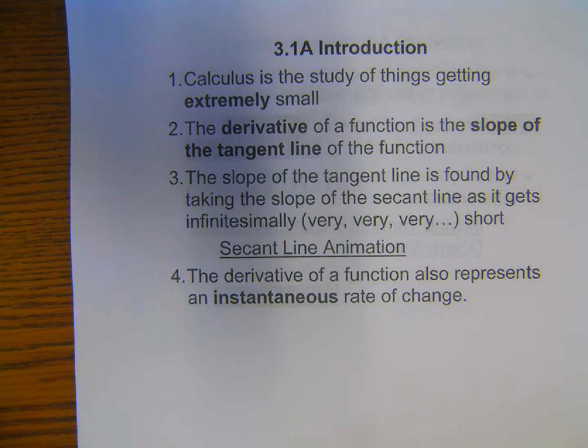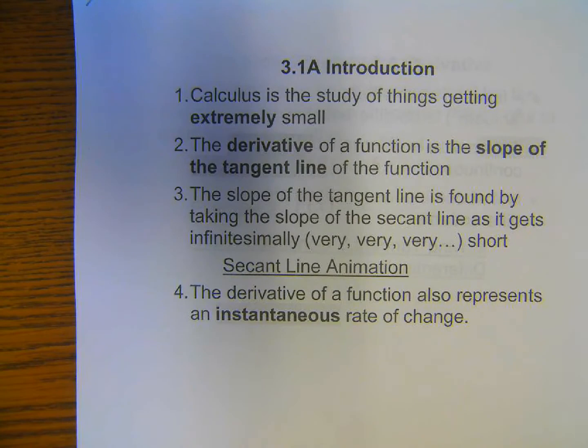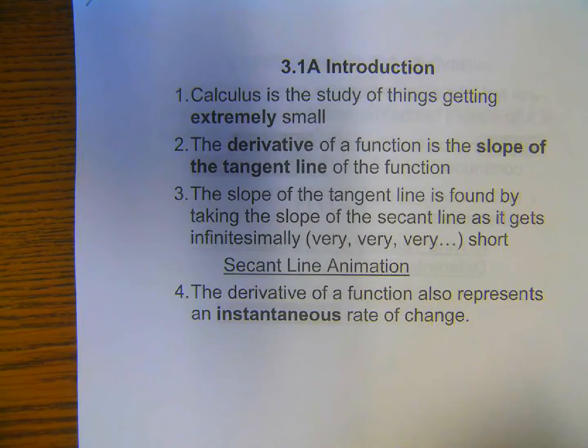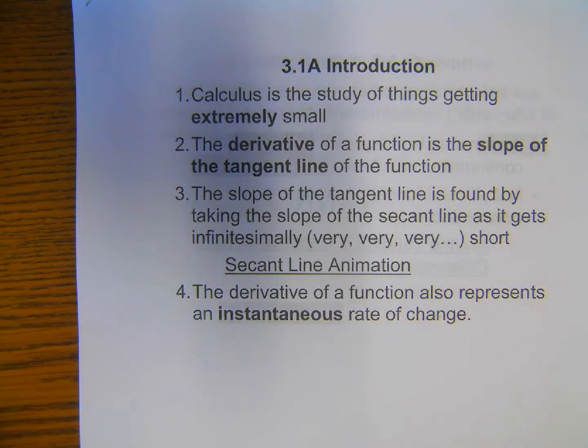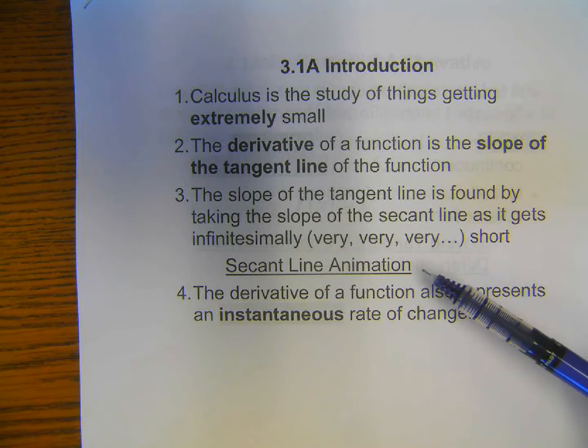So the idea of the derivative, which is what we're going to study next, is that we are trying to find the slope of a tangent line. And if you would go, I don't have the capability to show on my document camera, I don't believe.